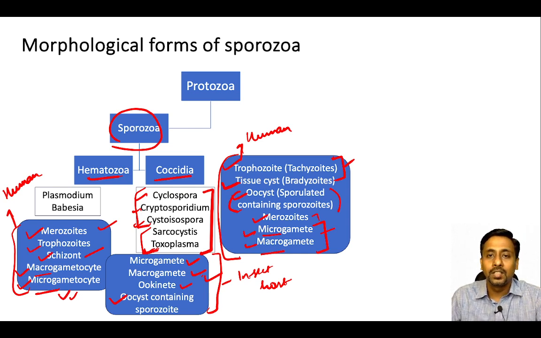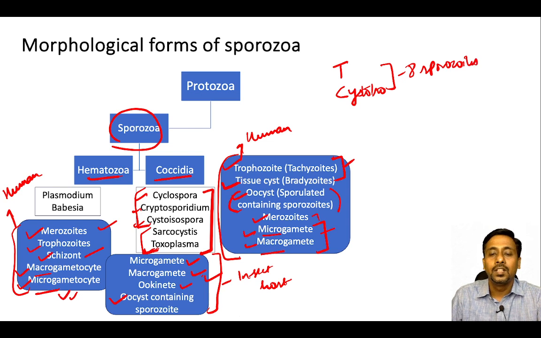So if you remember, toxoplasma and cystoisospora, these two have got 8 sporozoites, whereas crypto and cyclospora, these have got 4 sporozoites.